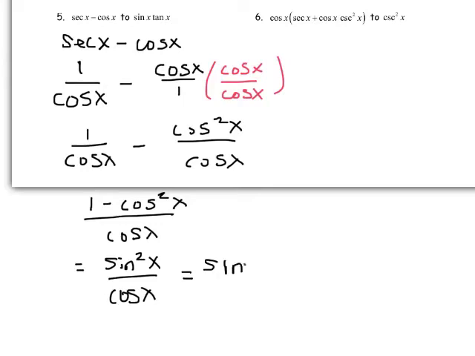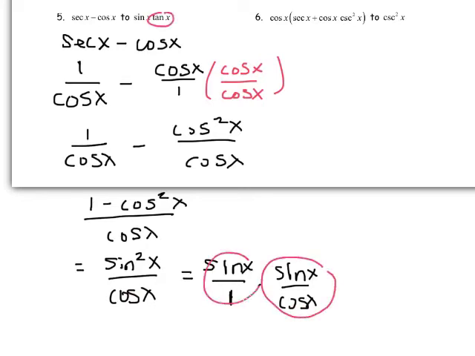So I've got a sine, and I've got a 1, a sine, and a cosine left. All I've done is break sine squared into sine times sine and left the cosine on bottom. But this is tangent, and this is sine. So I'm done.